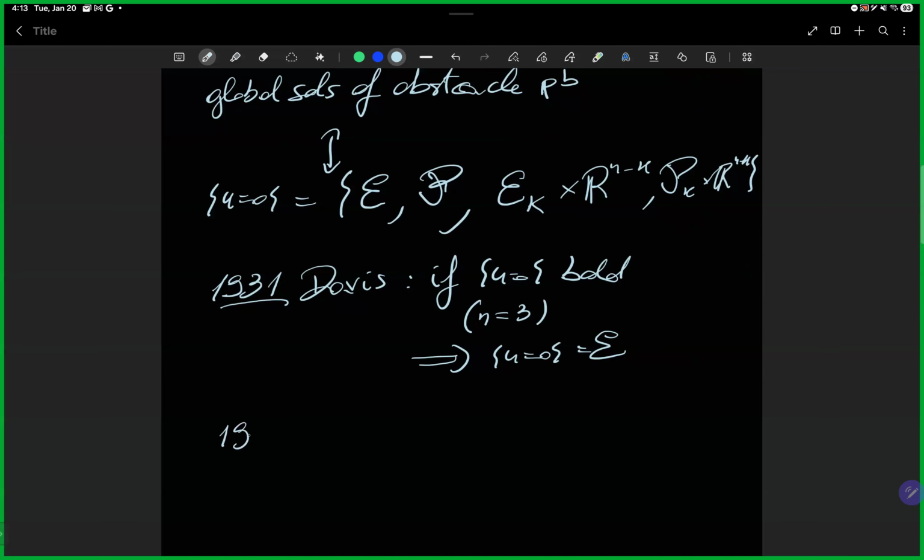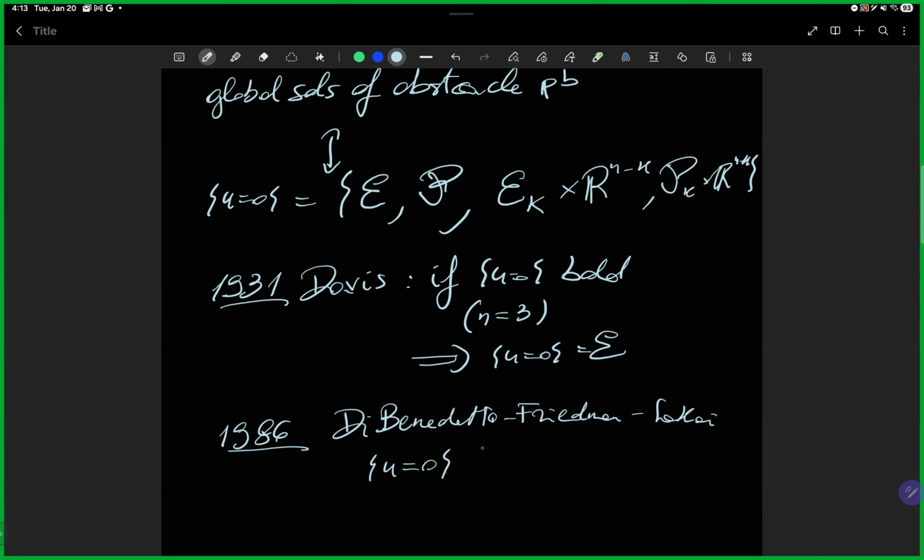Then in 1986, by work of Di Benedetto, Friedman, and Sakai, not all together, in two papers, they proved the same result but in arbitrary dimension.